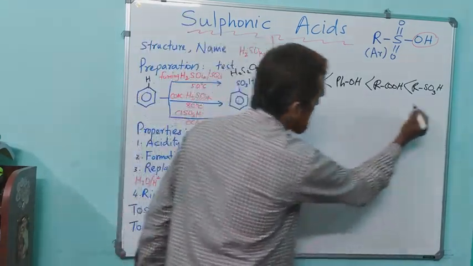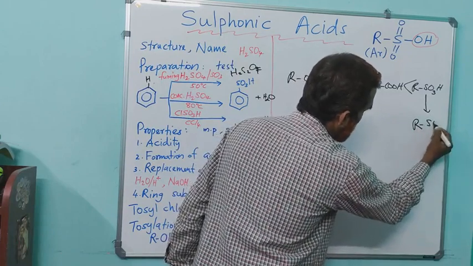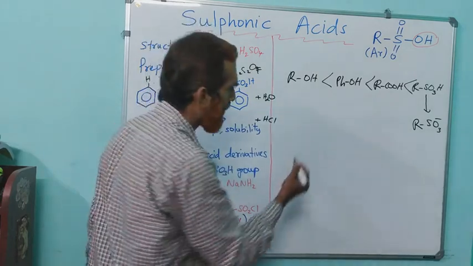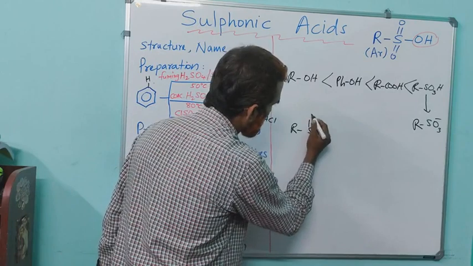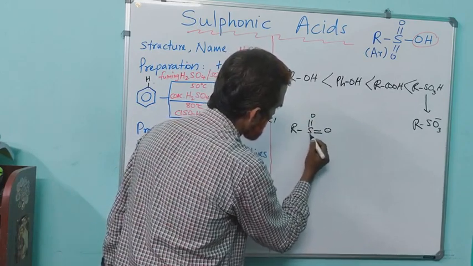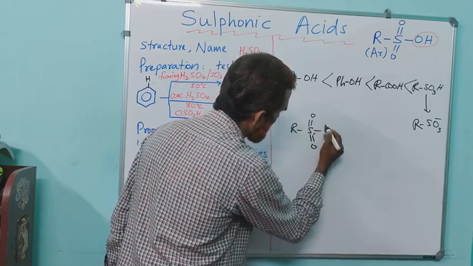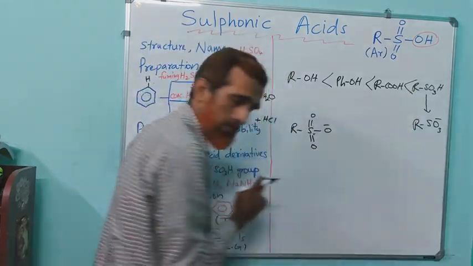For that, let us consider the conjugate base of sulfonic acid, that is SO3 minus, alkyl sulfonate anion. Let me write the structure. It will be like this. This is the conjugate base of sulfonic acid.